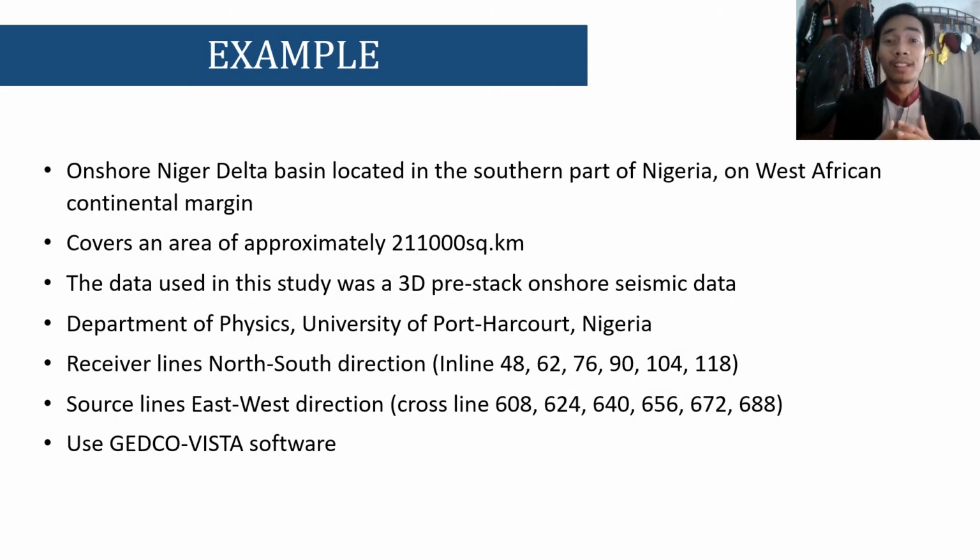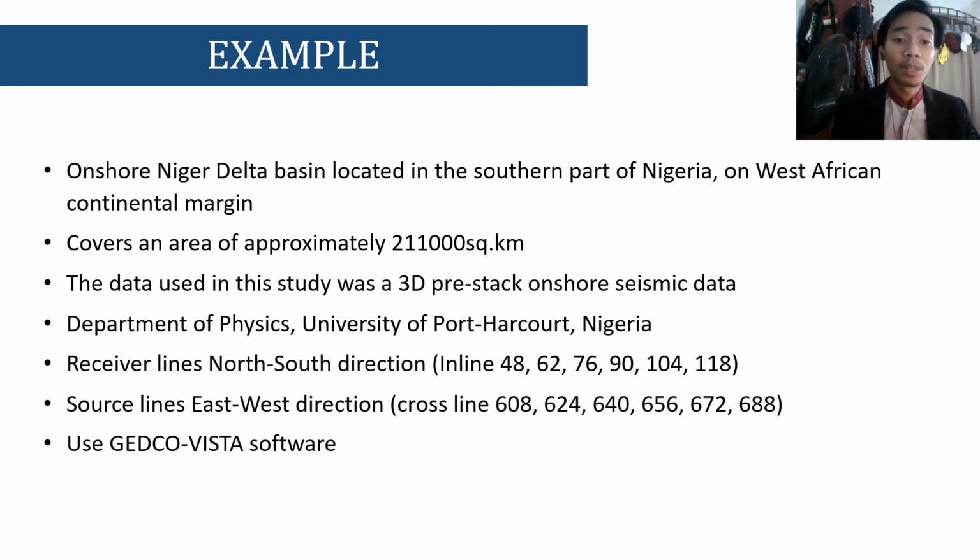So for the real data example in my presentation, I would like to bring out one of the examples that has been done in the onshore Niger Delta Basin, which is located in the southern part of Nigeria on the West African continental margin.